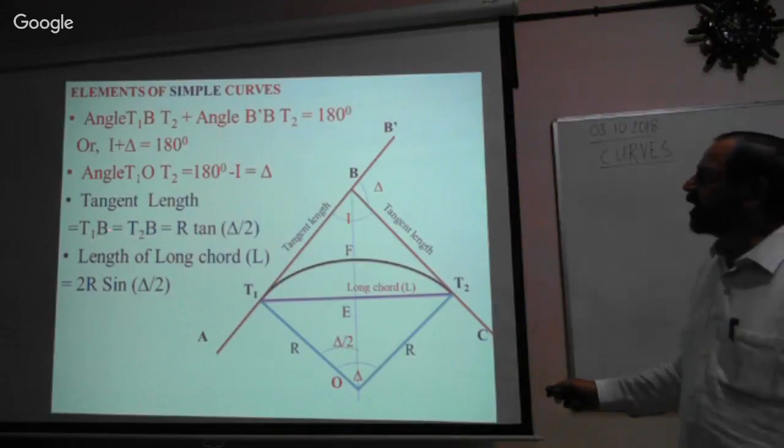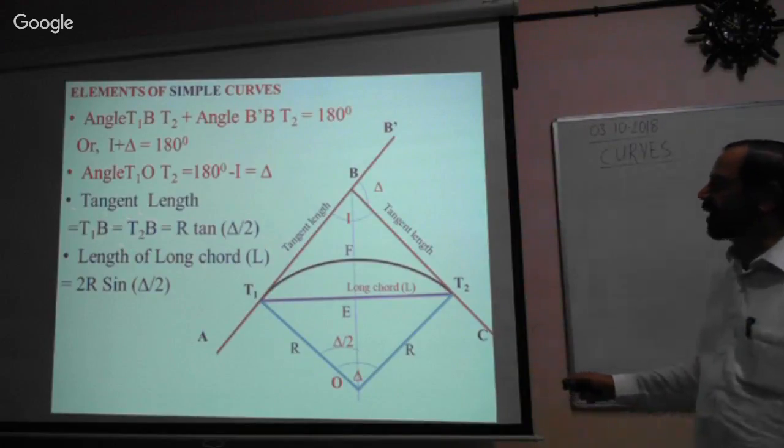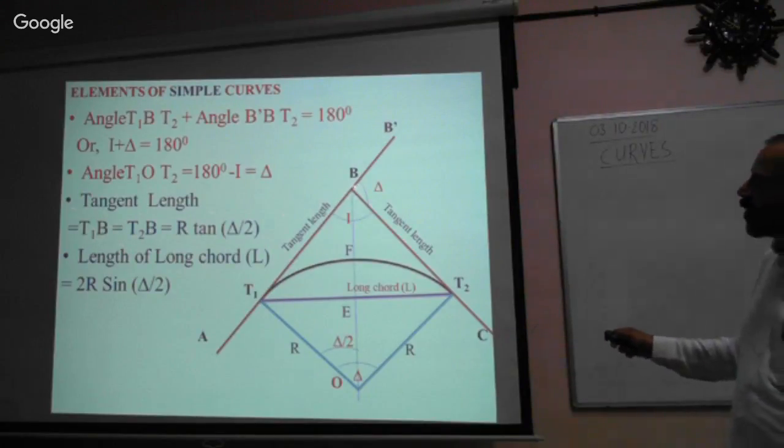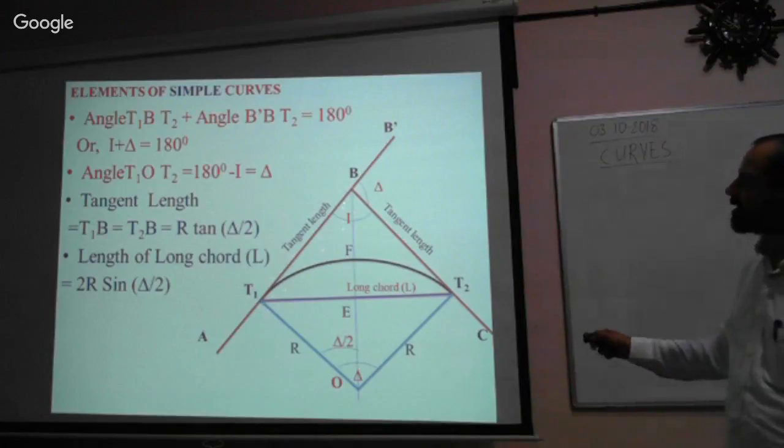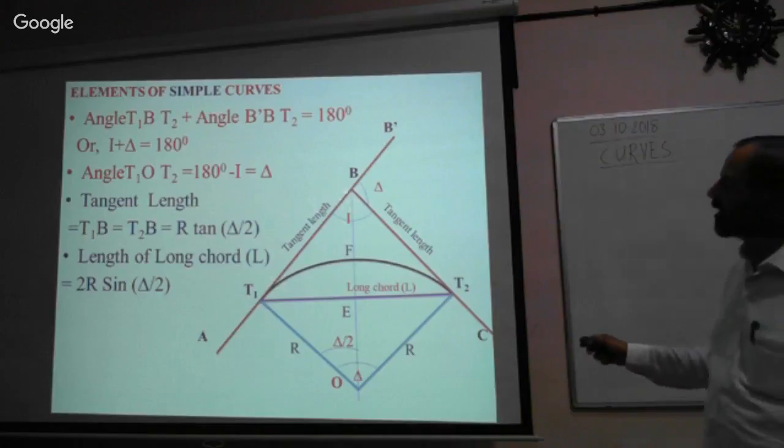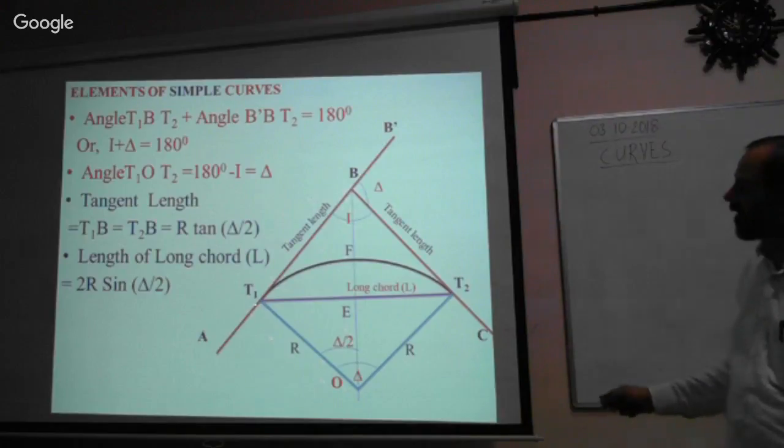And T1B, now the tangent length. How to calculate the tangent length? Let us consider this triangle. If you consider this triangle, the length of the tangent is equal to, now solve the triangle. You see, this is the perpendicular.